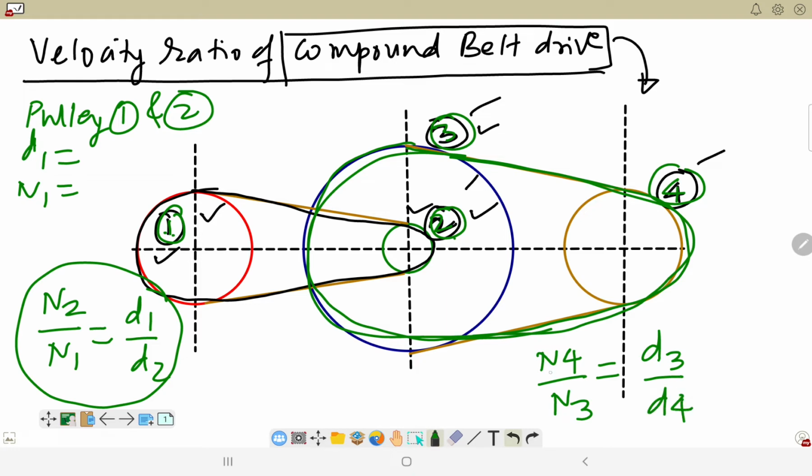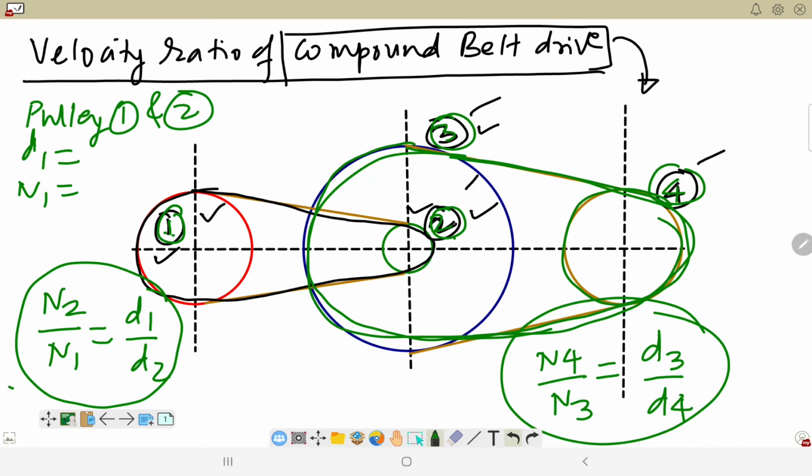N4 is the number of revolutions (RPM) of pulley number 4 and N3 is the RPM of pulley number 3. D3 is the diameter of pulley number 3 and D4 is the diameter of pulley number 4. So there are 2 formulas for velocity ratio.